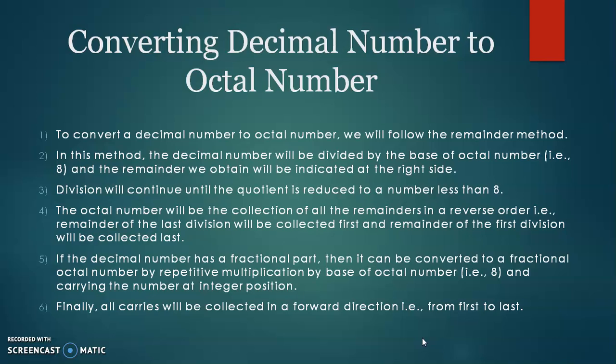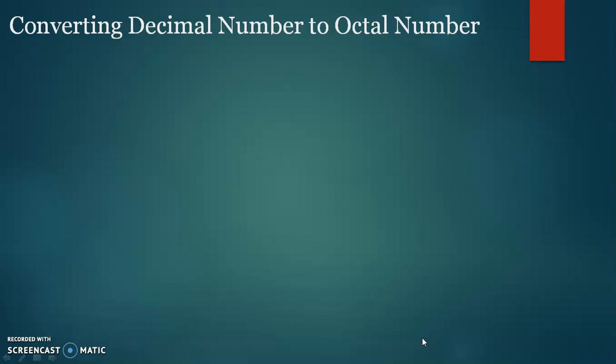So in the case of the integer portion, the remainders will be collected in reverse order, from last to first, and in the case of the fractional part, the carries will be collected in a forward direction, from first to last. Now let's demonstrate this process with an example.